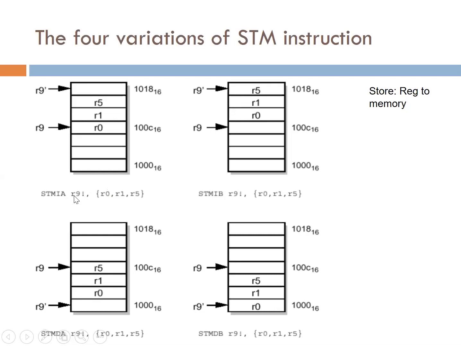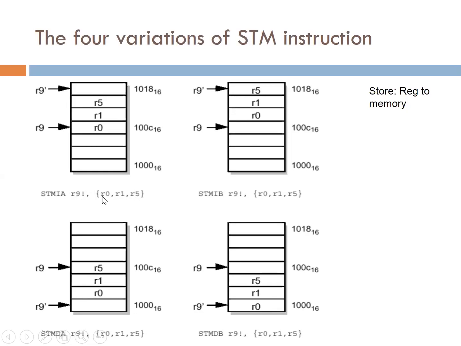What is the first register here? The first register is R0. From R0, it will directly store the data to the memory location address pointed by R9. Then the next register, R1, its content will be stored into the next 4 memory locations after the one pointed by R9. Last will be the content of register R5.